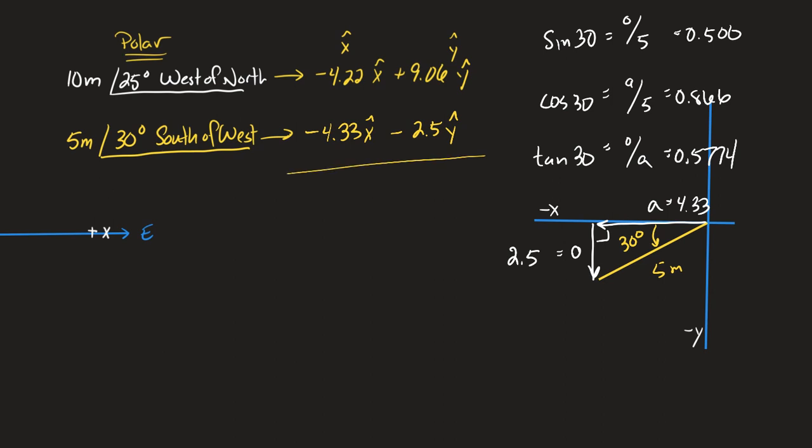If you need to add or subtract vectors, they have to be converted to rectangular first. You can then add together like components. So the ones with x hat, I add them together, and the ones with y hat, I add them together, but I add them together separately. So when I add these together, I get negative 8.55 x hat minus 6.56 y hat.